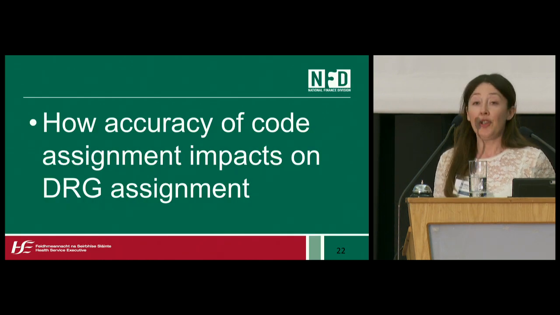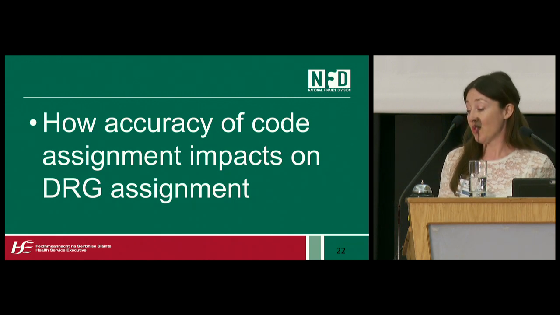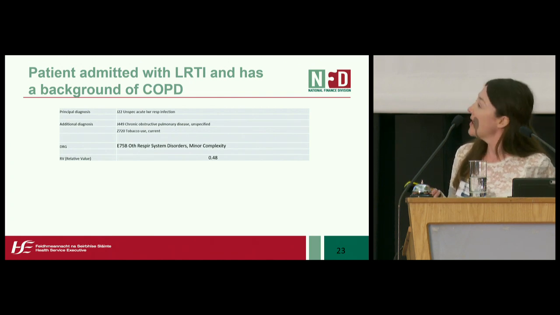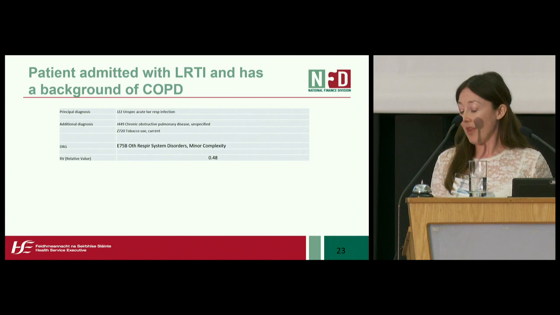The accuracy of the coding can greatly impact the DRG assignment, and now I'm going to show you some examples. This is a patient admitted with a respiratory tract infection who has a background of COPD. Not sure if you can see that. The principal diagnosis was coded as respiratory tract infection with an additional diagnosis of COPD unspecified.